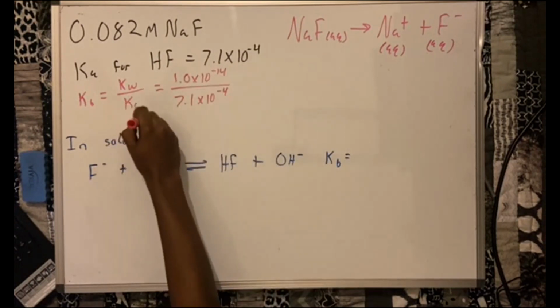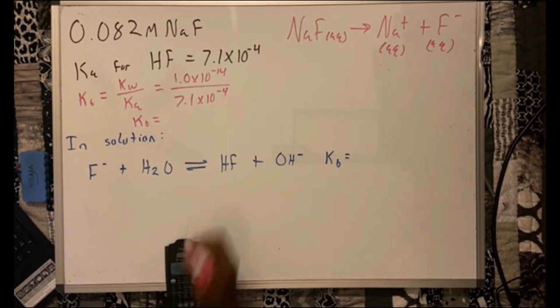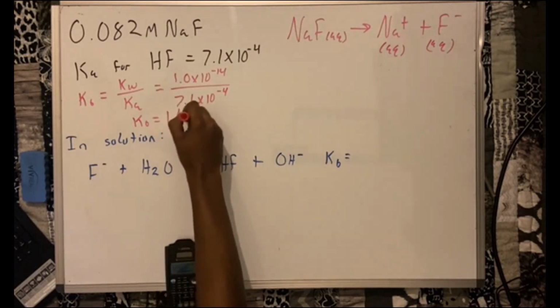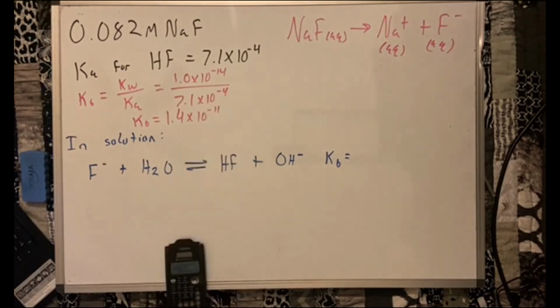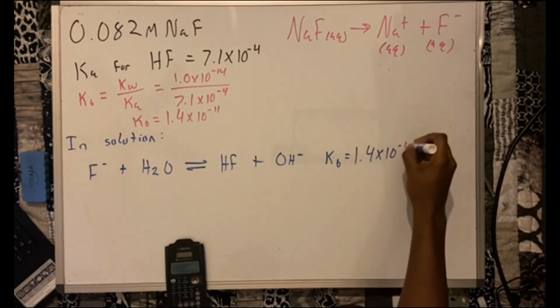So Kb is 1.4 times 10 to the negative 11. I'll write it over here: 1.4 times 10 to the negative 11. Good.